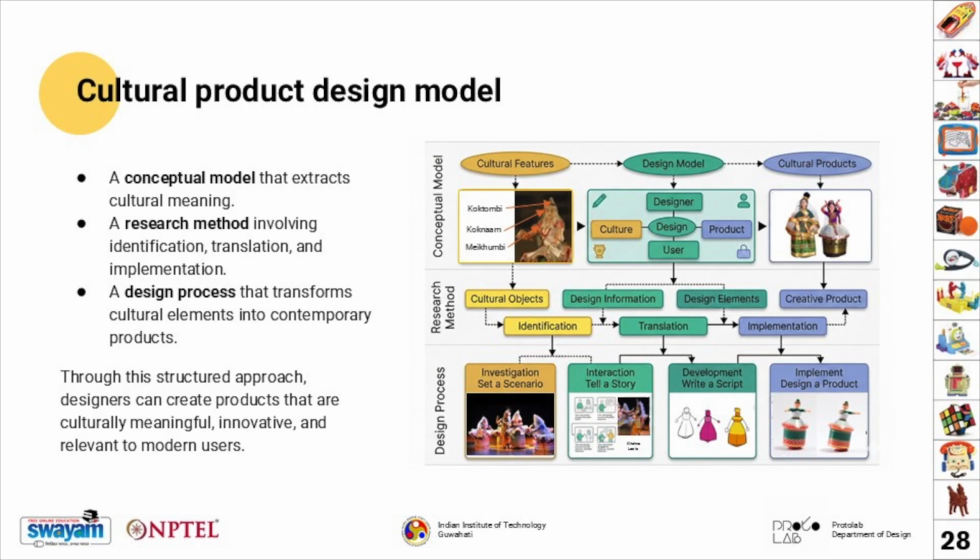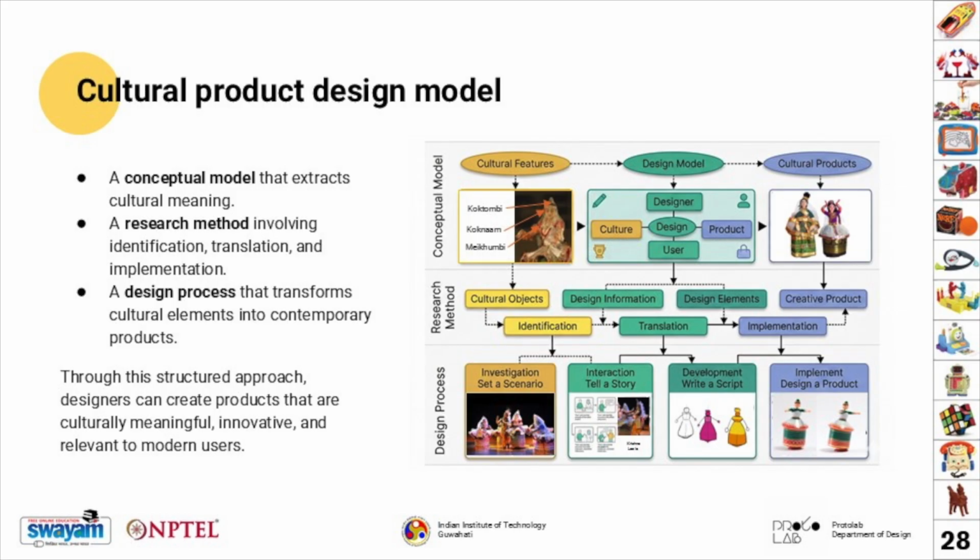Step 2. Translation. In this stage, cultural features are transformed into design information. For example, a traditional motif becomes a surface pattern. A cultural story becomes a narrative-based play concept. And a ritual function becomes an interactive mechanism.